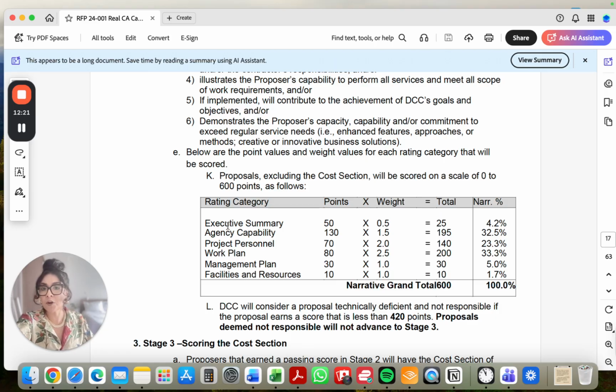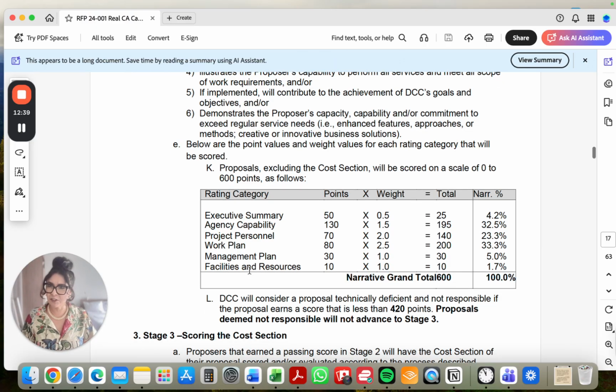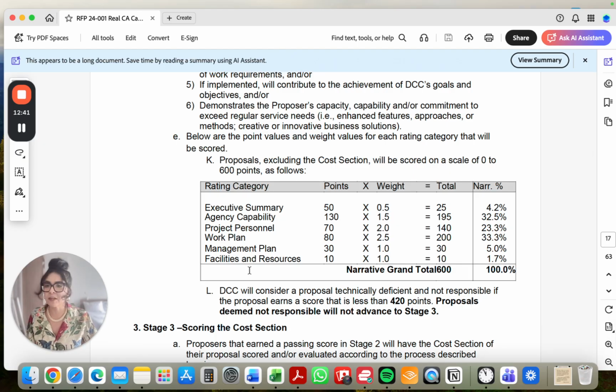So mirror your technical proposal along with these rating categories. So your technical proposal should start with the executive summary, then move on to the agency capability, then the project personnel, then the work plan, management plan, and facility resources. So stay in that order so it's easier to read, easier to follow for the evaluators.